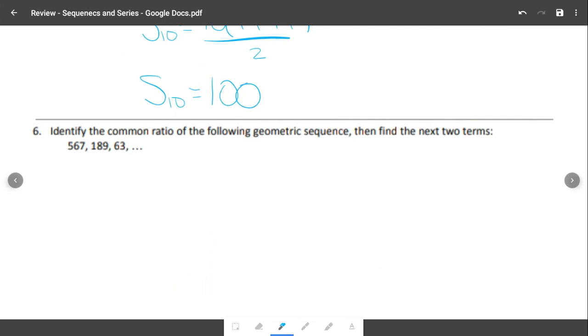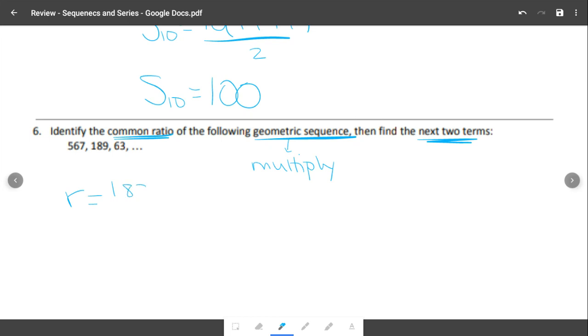Question 6. Identify the common ratio of the following geometric sequence, then find the next 2 terms. So geometric means, again, that you are multiplying something. But if you remember the lesson from last week on geometric sequences, to find the common ratio, you can take a term.